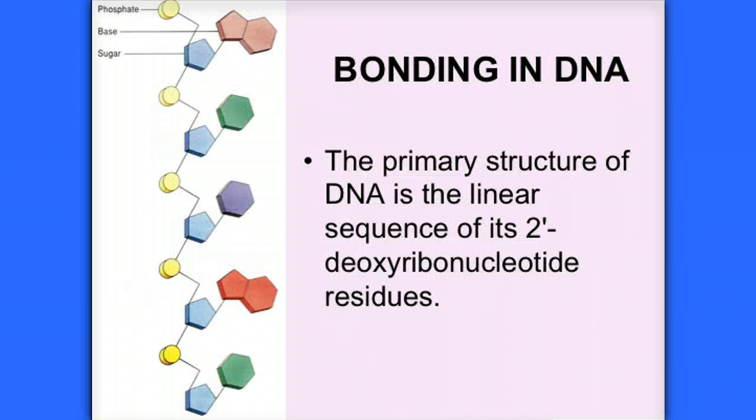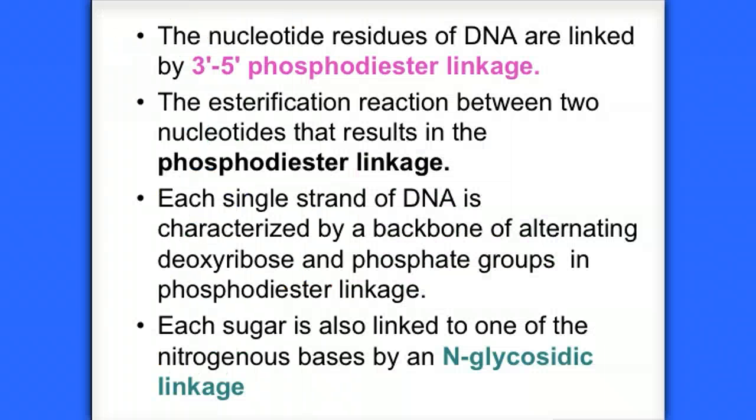The bondings in the DNA, as it is referred here, between phosphorus and sugar and the bases, and you have several kinds of linkages, 3' to 5' phosphodiester bonds by which the DNA is linked.